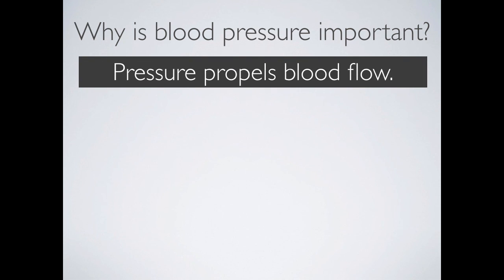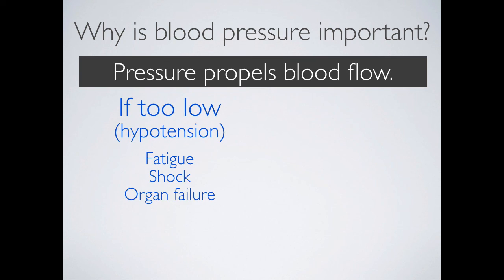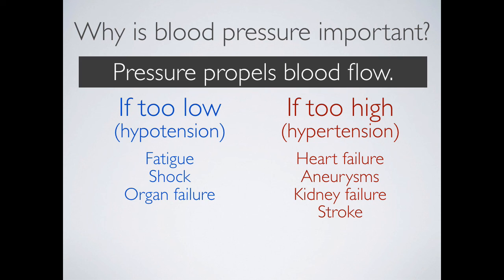But if it does so with pressure that is too low, then there are a variety of adverse effects. So you have hypotension, which can result in fatigue, ultimately shock and organ failure. That's just insufficient blood flow. Or if too high, you can also have heart failure, aneurysms, kidney failure, and a stroke.